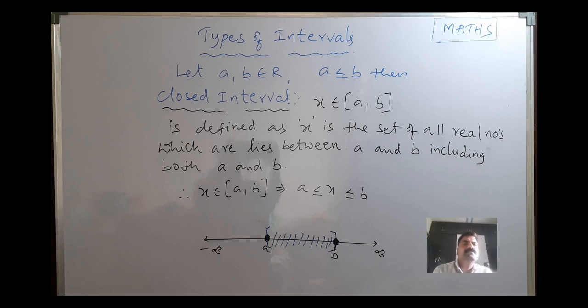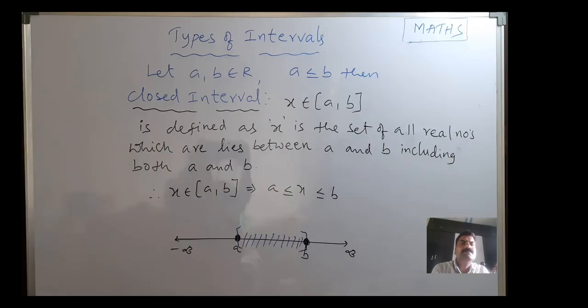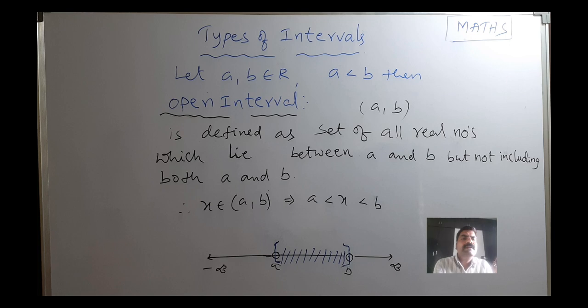Okay, now let us move into the open interval. See, once again, let us consider a comma b be any two real numbers, such that a is always less than b. Hence, open interval a comma b we represent with the open brackets as I showed you in this video.